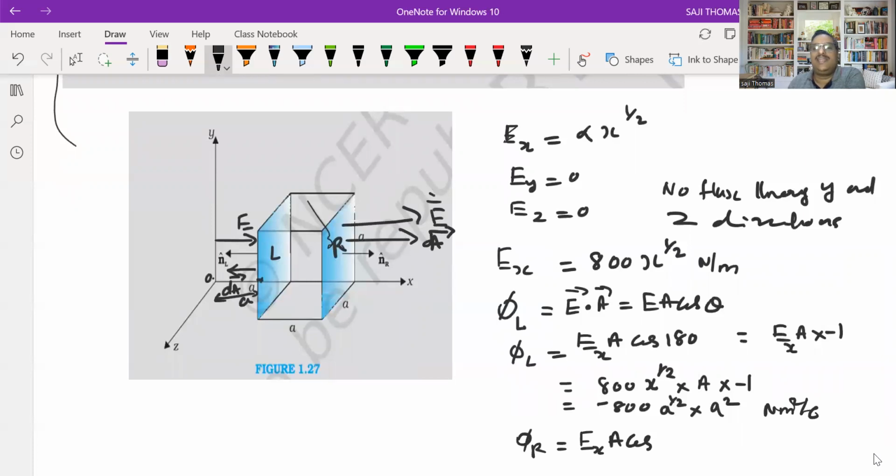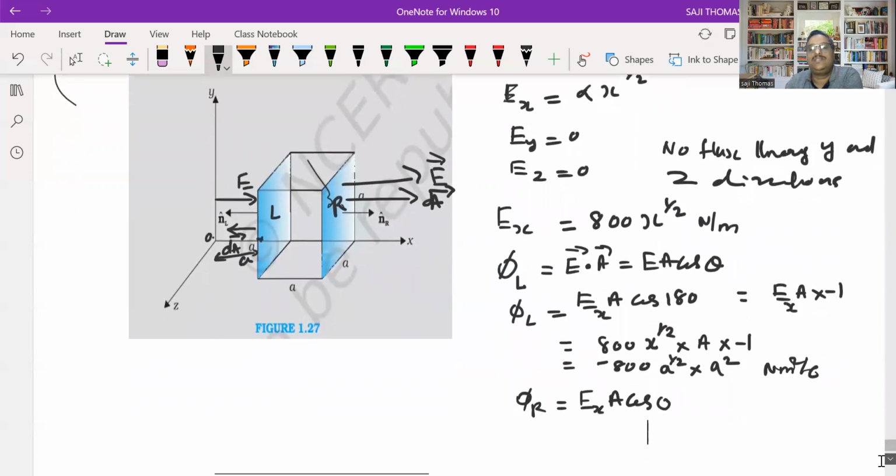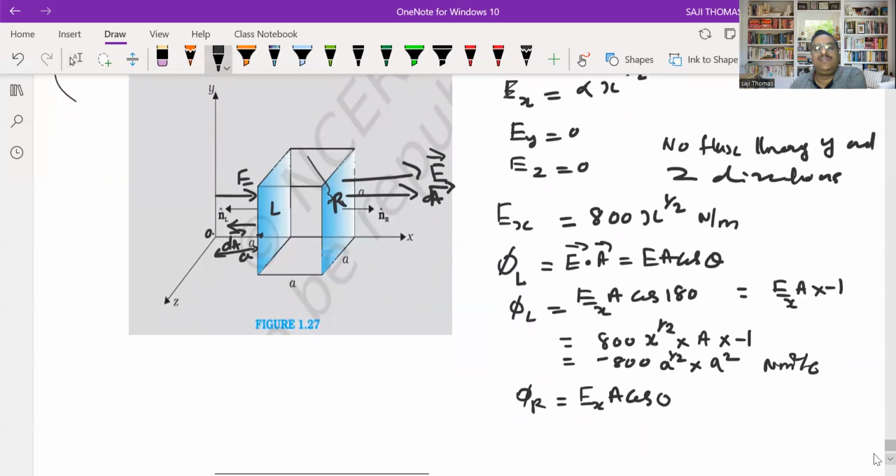So theta is 0, and you write E A cos 0. Now, the electric field for the right face is 800 into x raised to 1 by 2 into area into 1.